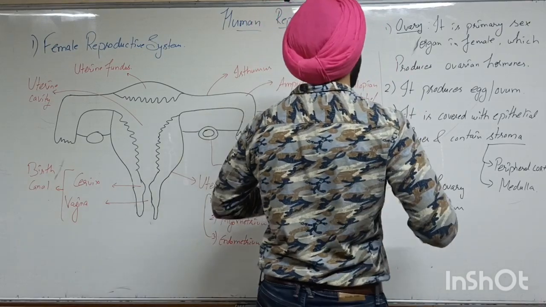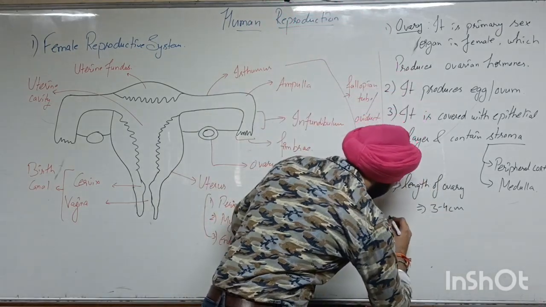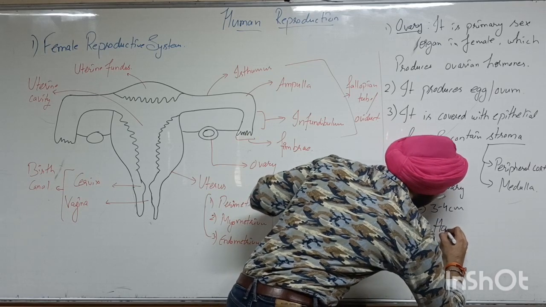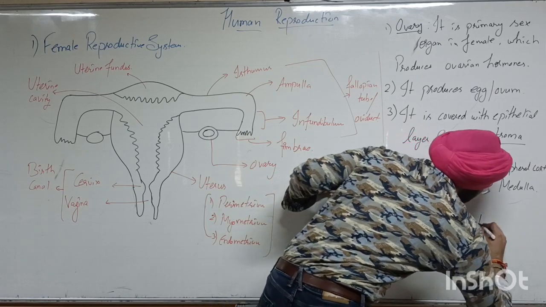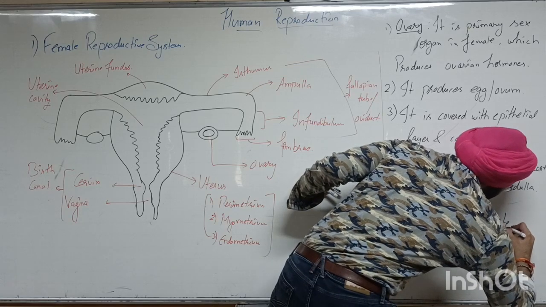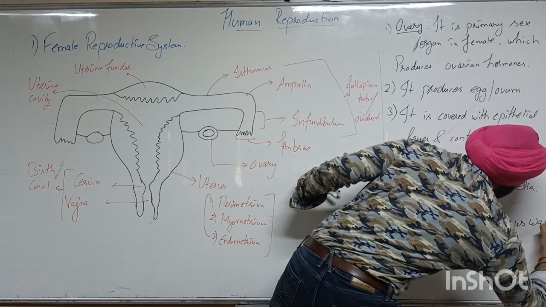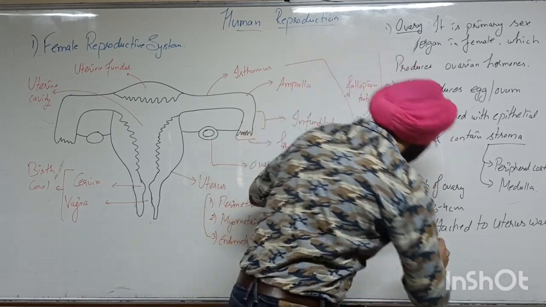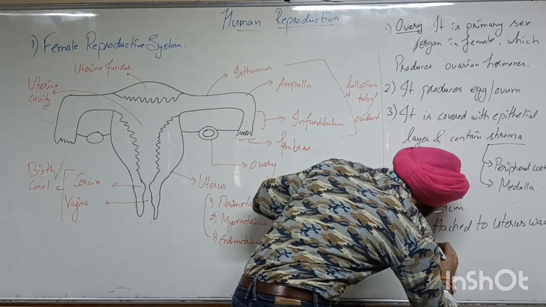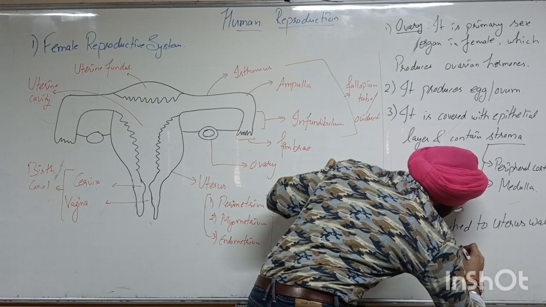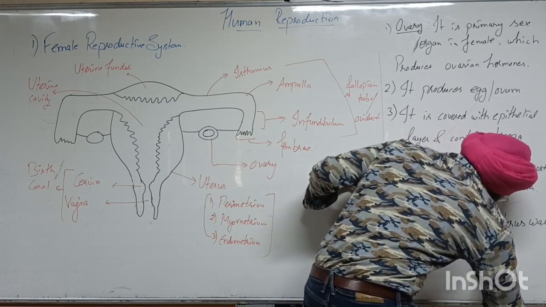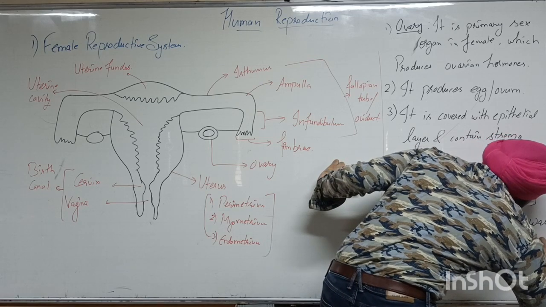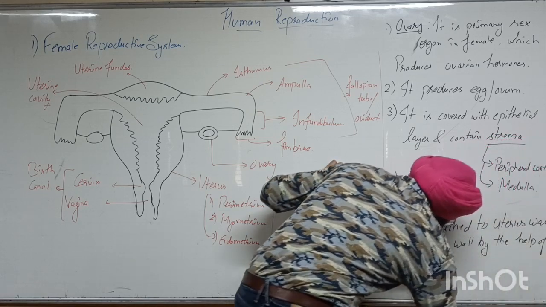So the next point is: it is attached to the uterus wall and pelvic wall by the help of ligament.